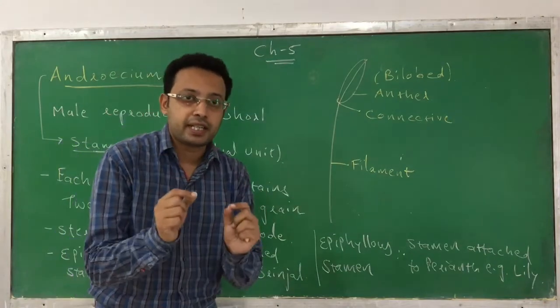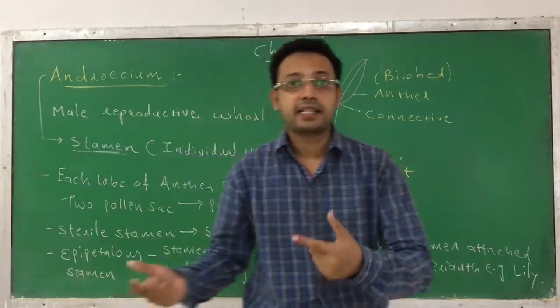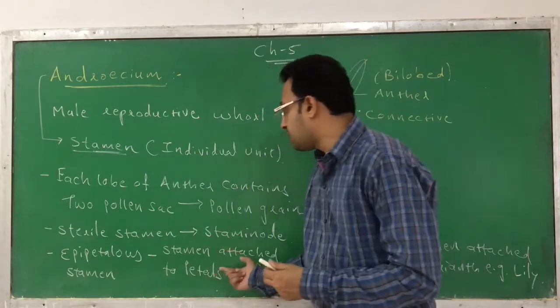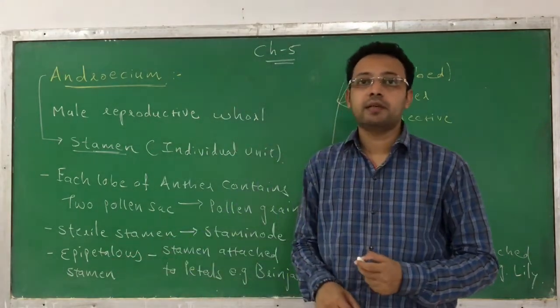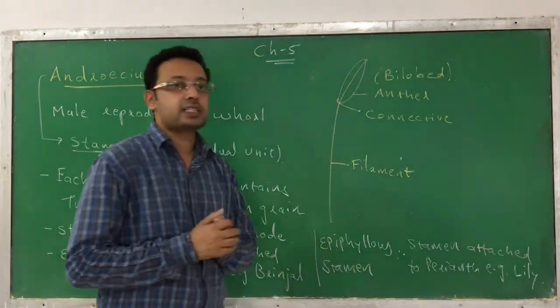So sometimes the stamen may attach to other parts of a flower like petal or perianth. If it is attached to a petal, it is called epipetalous stamen. If it is attached to a perianth, it is called epiphyllous stamen.